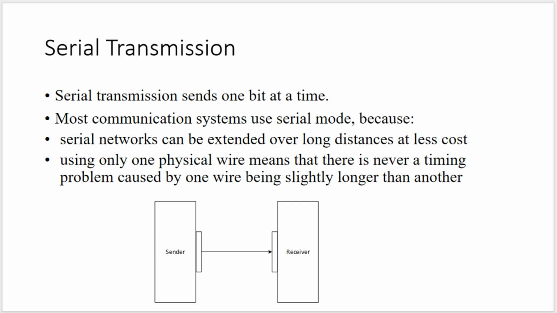For example, USB communication, communication between a microcontroller and a sensor or other peripheral. Sender and receiver must contain hardware that converts data from the parallel form used in the device to the serial form used on the wire.